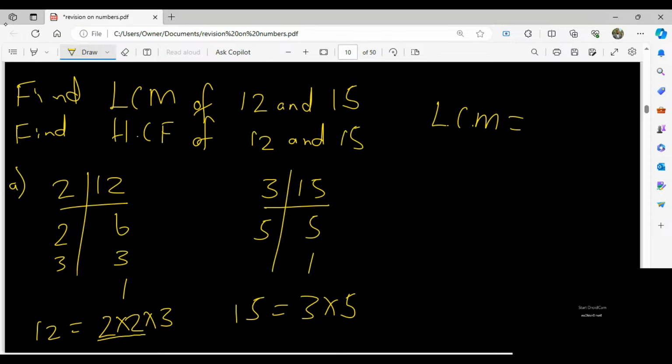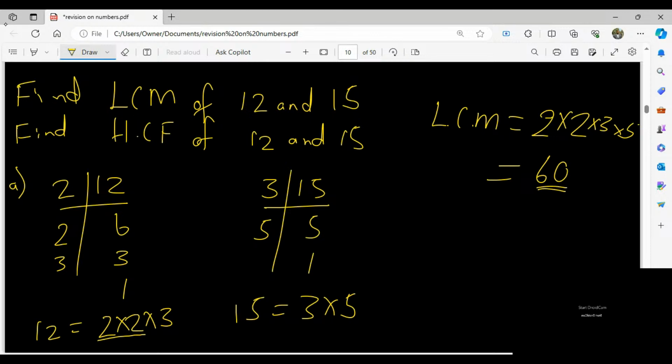That will be 2 times 2. Then the longest chain of threes, both sides have got one 3, so we just write that one 3 like it is. The longest chain of 5 is found here. We only have one 5. So the lowest common multiple would be 2 times 2 times 3 times 5, which will give us 2 times 2, that's 4. 4 times 3, 12. 12 times 5, 60. We return to the same answer which we worked before.